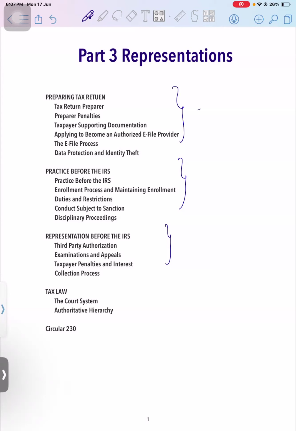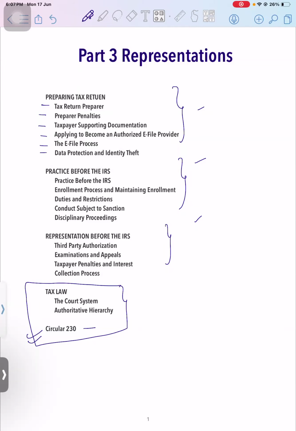These are the 3 which will require at least one week of preparation time, and this is the last one which is important, Circular 230. For part 3, the important part of our syllabus is Circular 230. Instead of looking at the whole circular all together, for each and every topic we are including the relevant section.